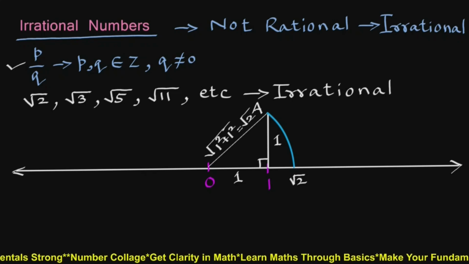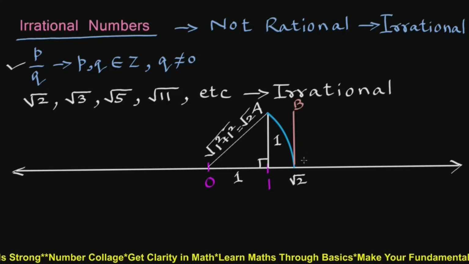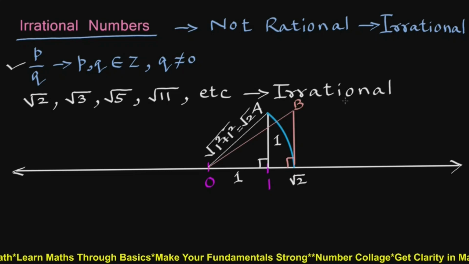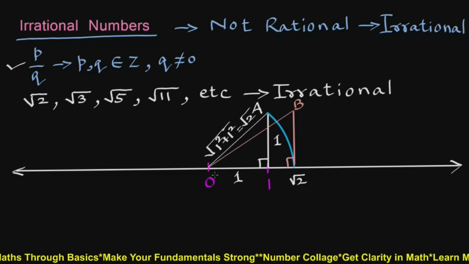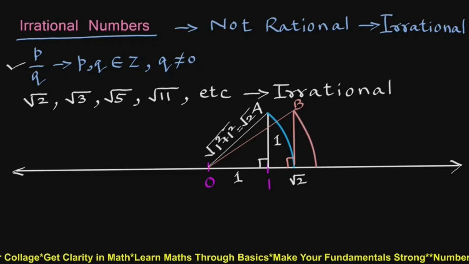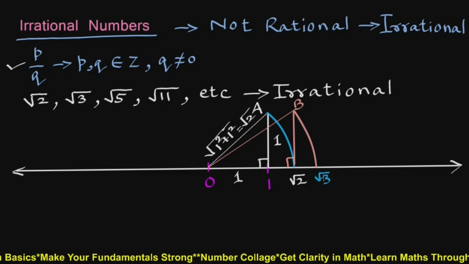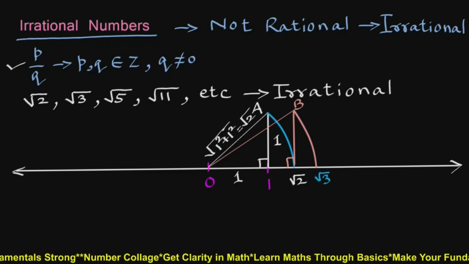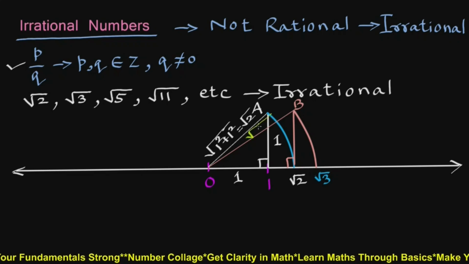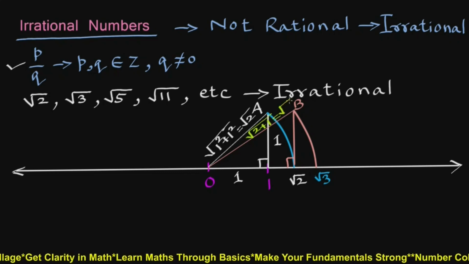For plotting root 3, we have to draw another perpendicular at root 2 and join OB. Now with radius equal to OB and O as center, a curve is drawn which cuts the number line at point root 3, because according to Pythagoras, OB is root of root 2 square plus 1 square, which is root 3.